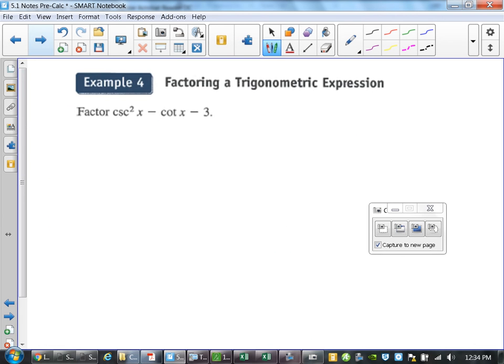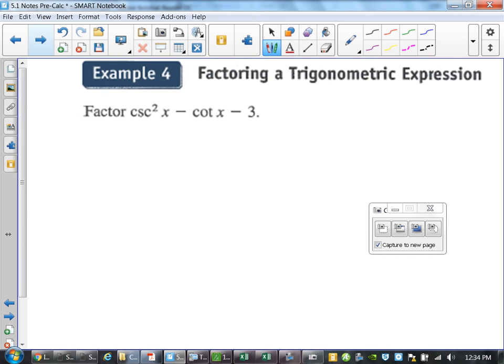Let's factor a trig. Let's try it now when you have to factor when your trig functions don't match up.